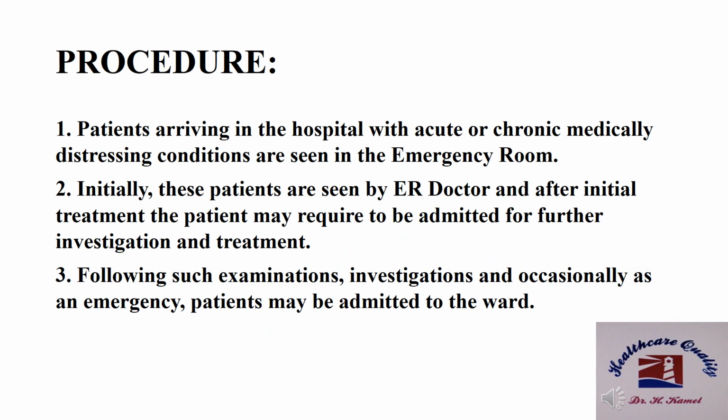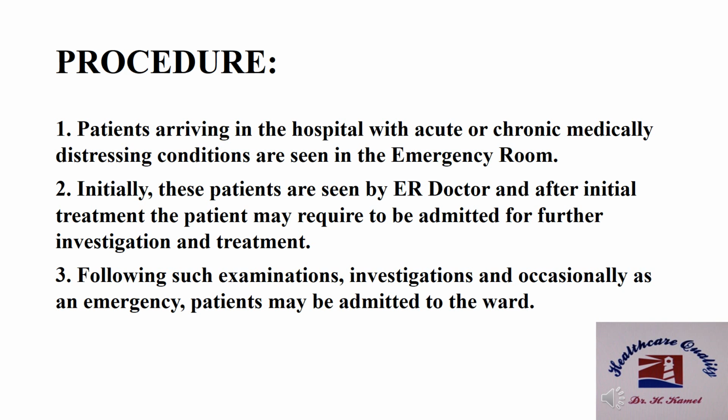Procedure. Number 1. Patients arriving in the hospital with acute or chronic medical distressing conditions are seen in the emergency room. Number 2. Initially, these patients are seen by the ER doctor, and after initial treatment, the patient may require to be admitted for further investigations and treatment. Number 3.